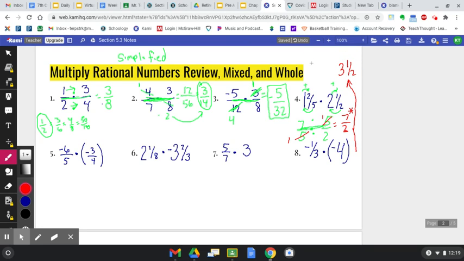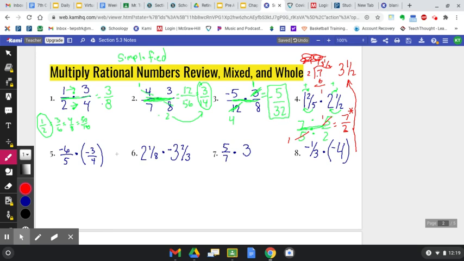And we can go long division. Sorry, I ran out of room. 2 goes in there 3 times, that's equal to 6. So I have a remainder of 1 out of 2.